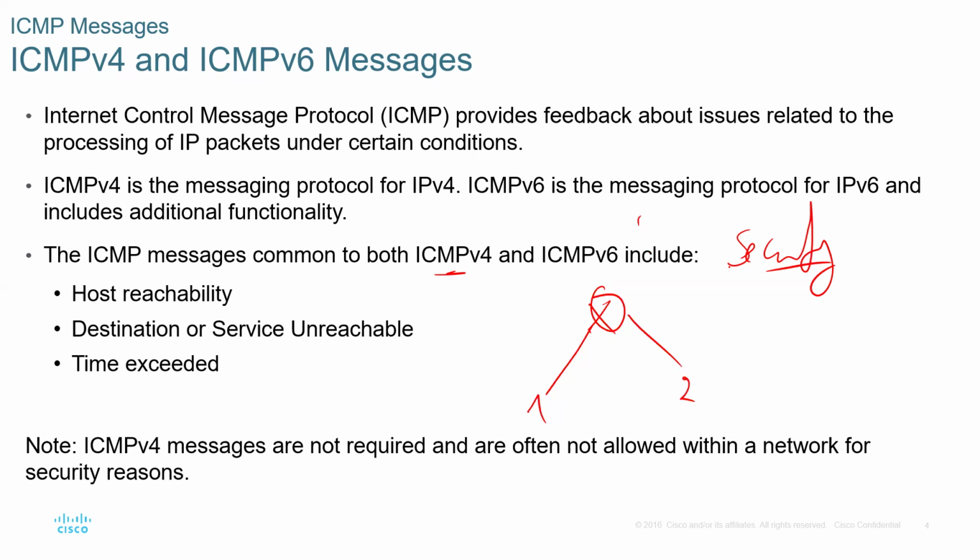We could test for connectivity between this device and its default gateway, and this one and its default gateway, or even with this other interface from PC1. However, we did not ping PC2.